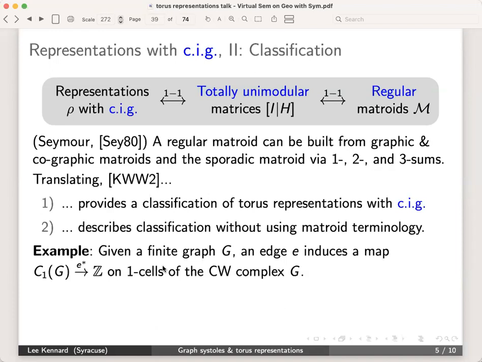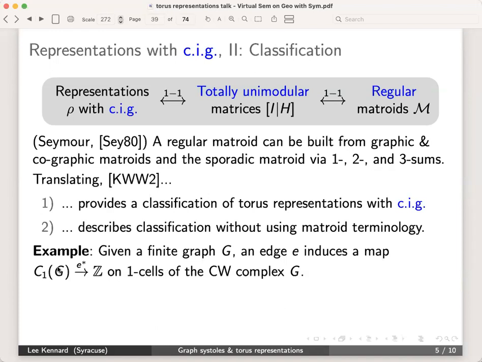Seymour says that this is one of the classes of regular matroid, and so anyway, it seems a little unmotivated, but this is what it tells us. So you take a finite graph, and for each edge in that graph, you think about the CW chain complex, like you're computing the CW homology.